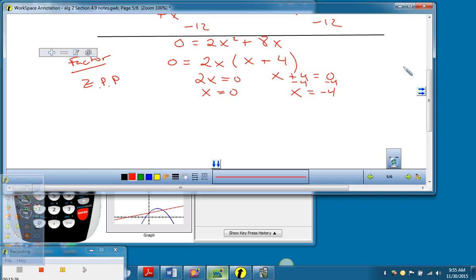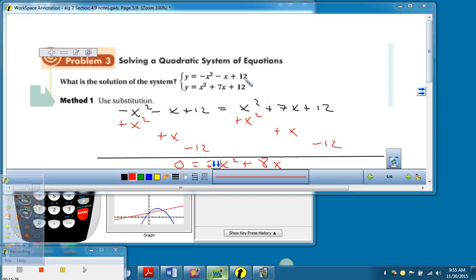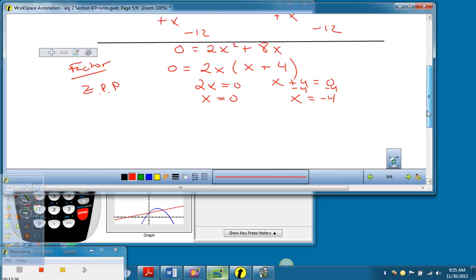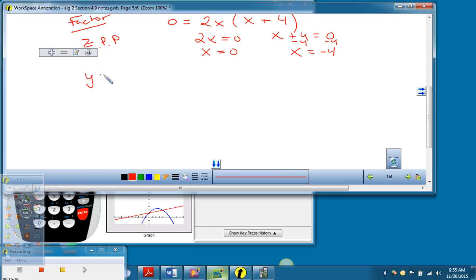Yep, back into one of the original two. So I'll do the one with the positive x squared plus 7x plus 12. And when we plug in 0, what do we get? Yep. So one of our intersections is 0, 12.